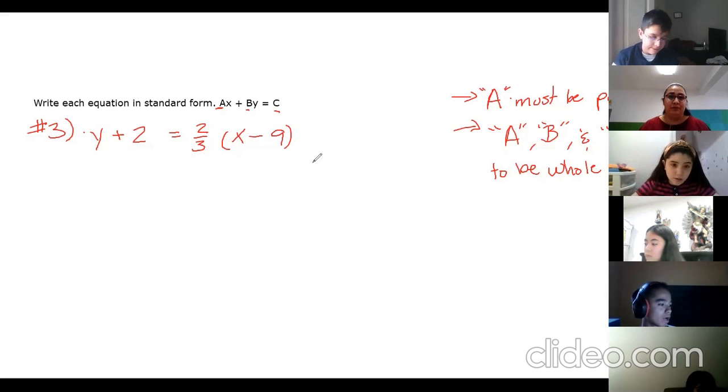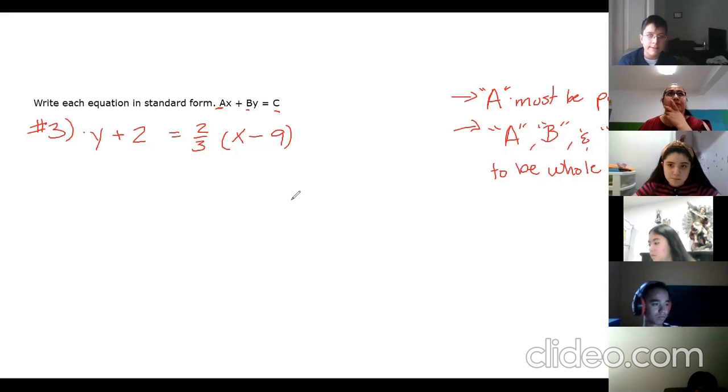I think we multiply the denominator, or the 3, on both sides. Okay, but before we do that, what is it that I need to start off with? A whole number?